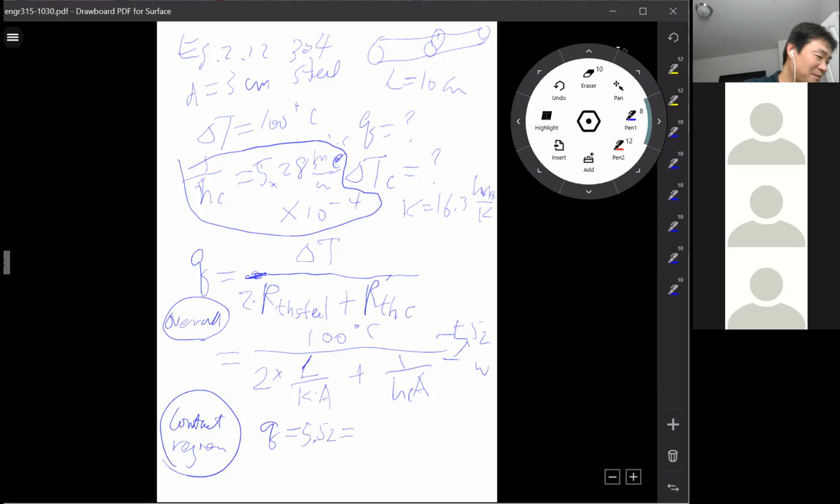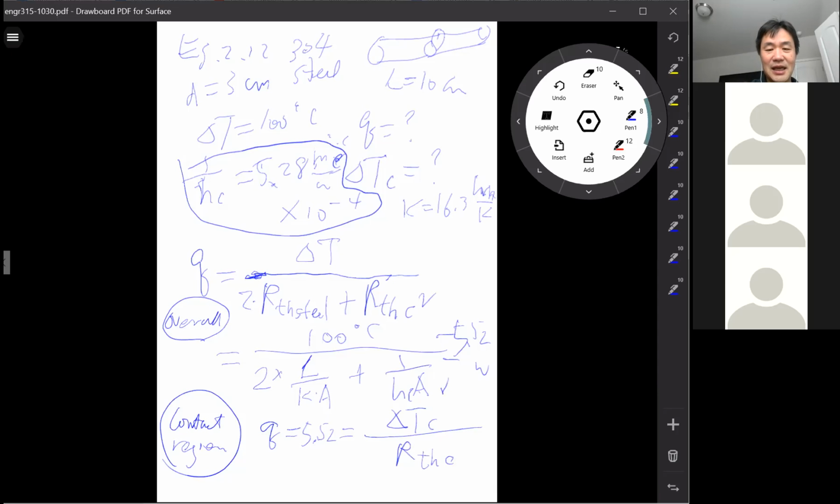Remind you, sometimes you have to write Q equal to something, then it equals an expression. Delta T_C, that's what we want to calculate, before and after the contact region. Delta T over the thermal resistance of the contact region, which you already calculated in the previous step.